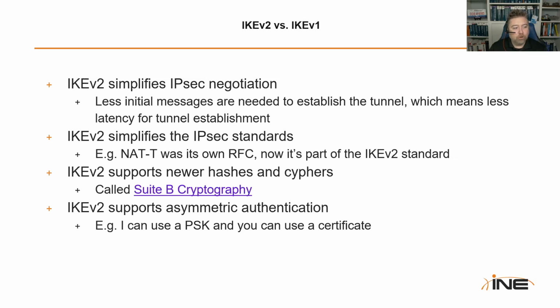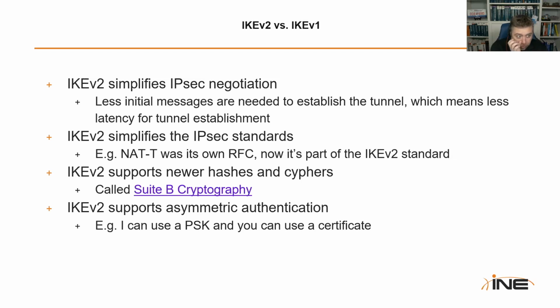Also, IKE version 2 simplifies the IPsec standards, where everything is now combined into just one document. So for example, previously NAT traversal was its own RFC. Now it's combined inside the IKE version 2 standard. So it simplifies inter-vendor interoperability, because it specifies exactly how we're going to do this with IKE version 2.